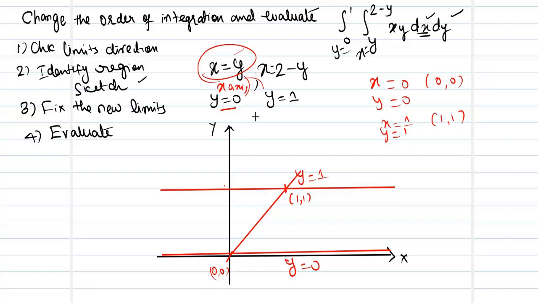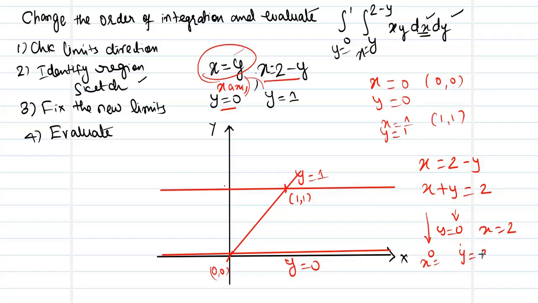Next, about the line x equal to 2 minus y, or you have x plus y equal to 2. Now again, give y to be equal to 0. When I have y as 0, then I have my x to be equal to 2. When x is taken as 0, then we have y as 2.